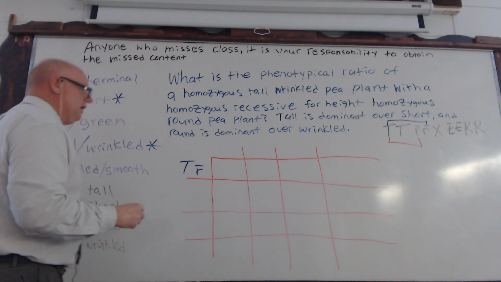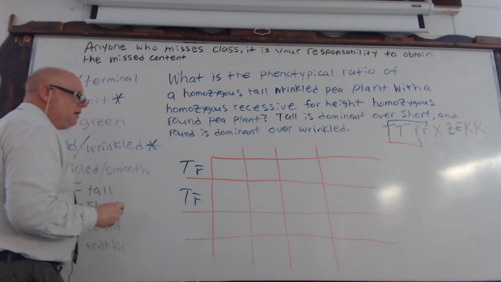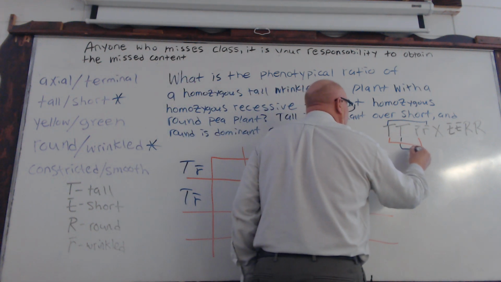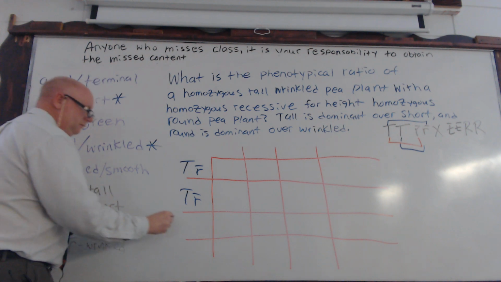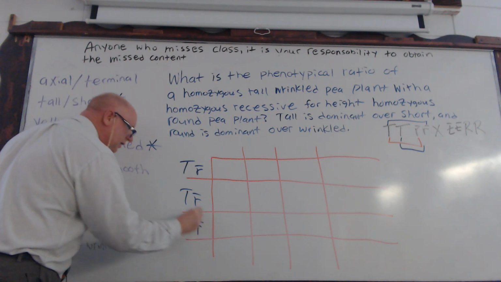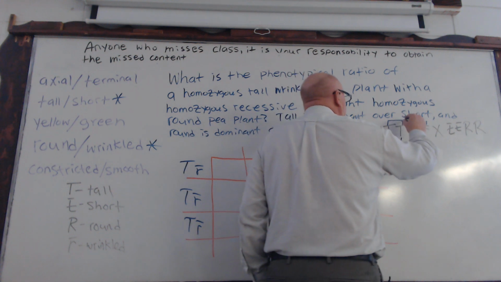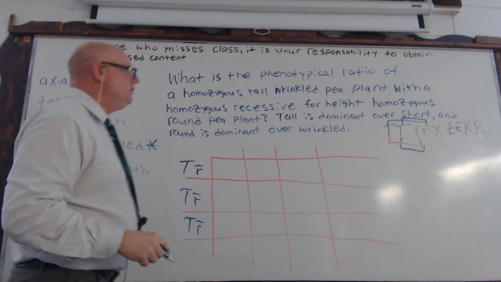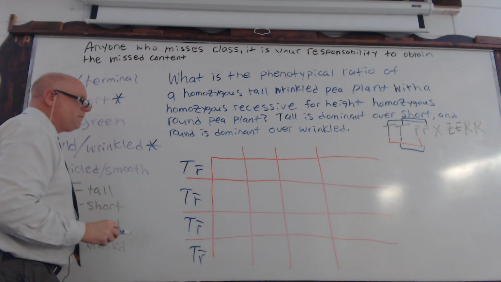Capital T and... okay? Now we do the inside. What does that give us? Capital T, lowercase r. Then we do the last, which is, coincidentally, capital T, lowercase r.